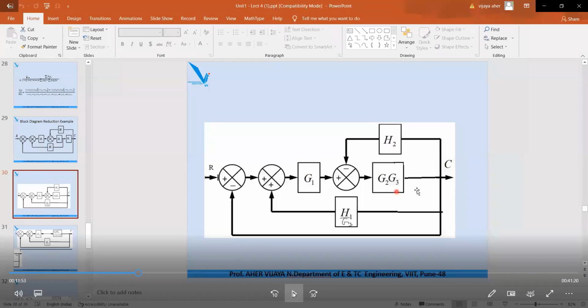Can we connect it after G2, G3? No. H1 and H2 are transfer functions of feedback elements, so they should be connected in the feedback path only. G1, G2, G3 are transfer functions of the process. The feedback is for the output of G3.